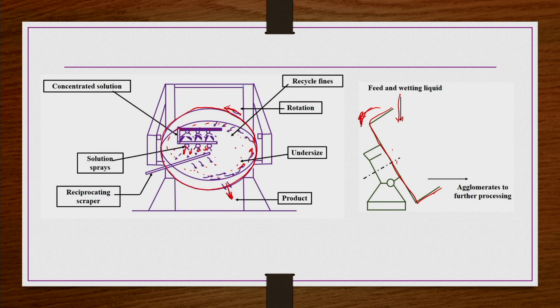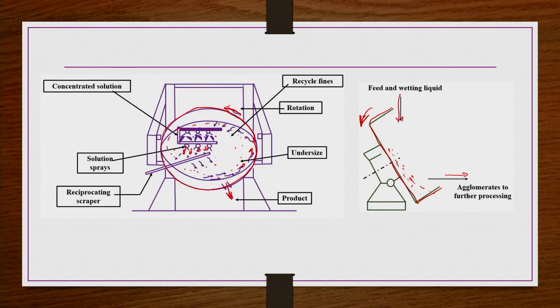When it rotates, the feed, in the sense small size particles, will be mixed with the binders, and then enlargement will take place, and the agglomerated or enlarged particles will be collected from here for further processing if required, or if it is the last stage, then they will be collected as product.